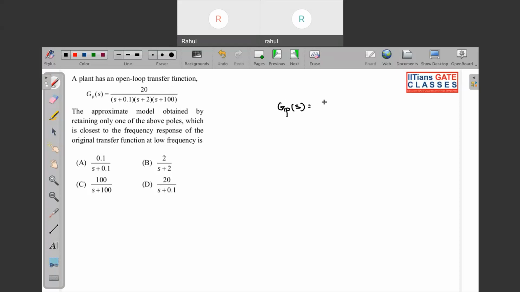So you can see GP(s) is equal to 20 divided by (s plus 0.1)(s plus 2)(s plus 100).